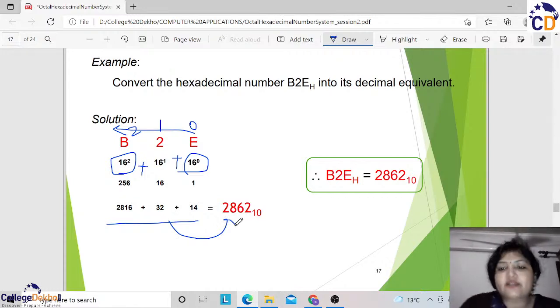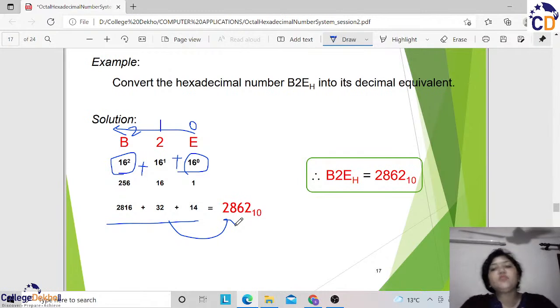So the basic concept behind the number system in this part is, first of all, we need to understand what the bases are, how many numbers we would be having, and then we convert it. So the best way, whenever you get any question related to number system, first of all you need to convert it into a decimal number, then you can convert it into any of the bases.